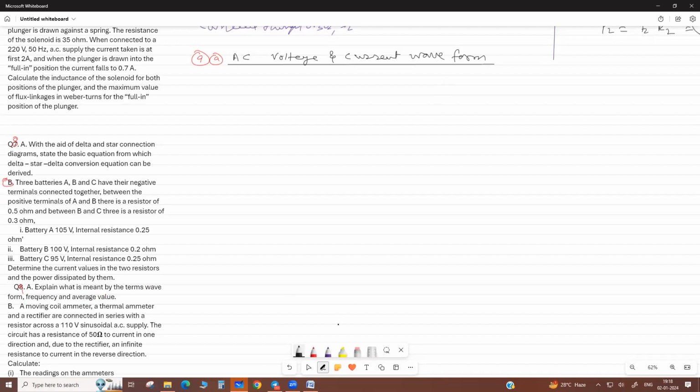So here we draw the voltage and current waveform.